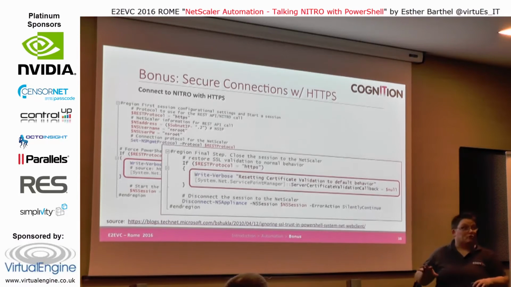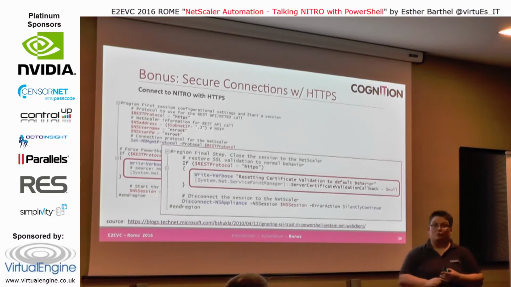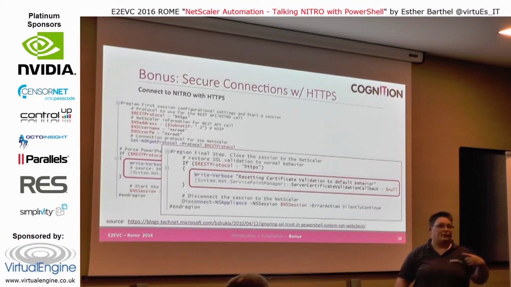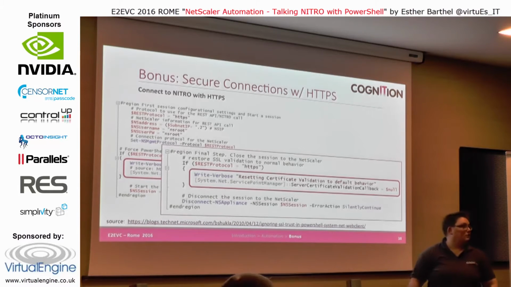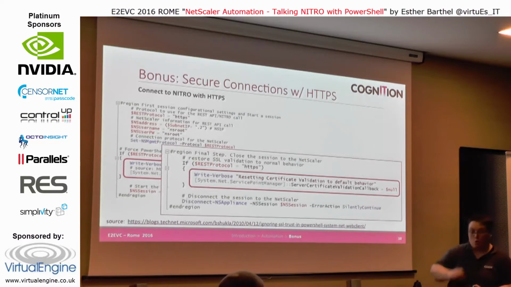So just to make sure that I'm not opening up any security risks and vulnerabilities on the client machine, I made sure that by the end of the script I at least reset it. That's only for that session. Yeah, that PowerShell instance. Okay, so it's good to know. It's not the whole machine, it's only for that instance.